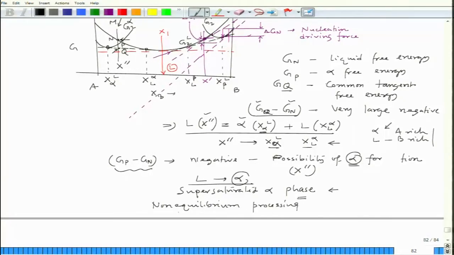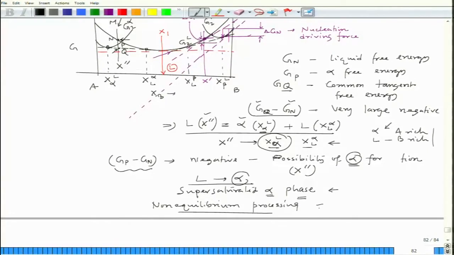Non-equilibrium processing, where we get to see non-equilibrium phase, because this particular phase appears at the same composition as in the liquid. So, this is not the equilibrium phase, it is a non-equilibrium phase. An equilibrium phase is the phase of the composition X alpha in equilibrium with liquid.